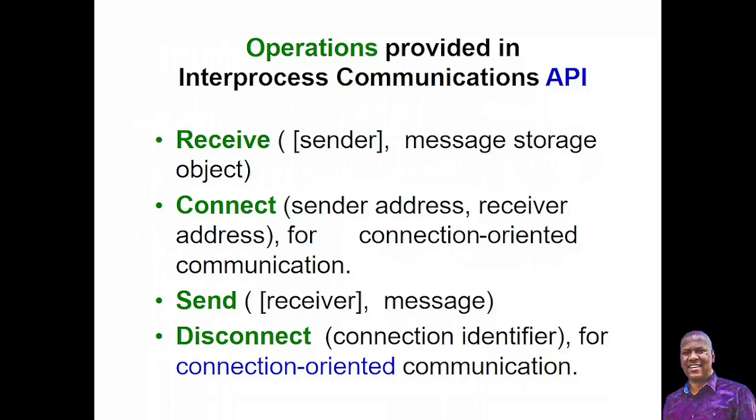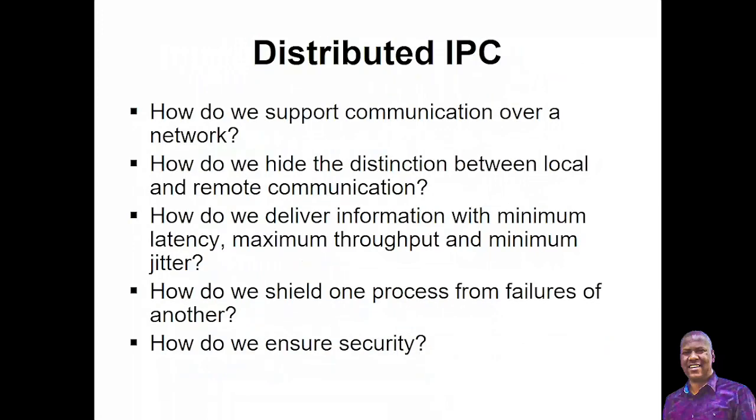Also we have disconnect. Once the connection has been established and the data has been transmitted, the two processes must be able to disconnect their communication, and that only applies if it is connection-oriented. With connectionless, you can't really have some kind of disconnection. So within distributed inter-process communication, we need to understand and answer these vital questions.